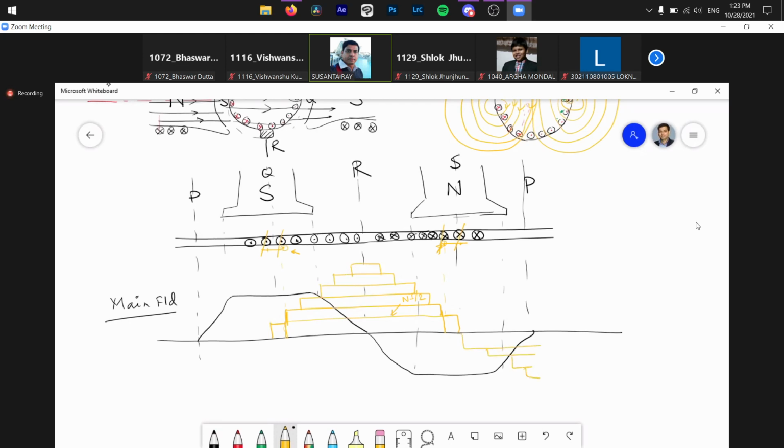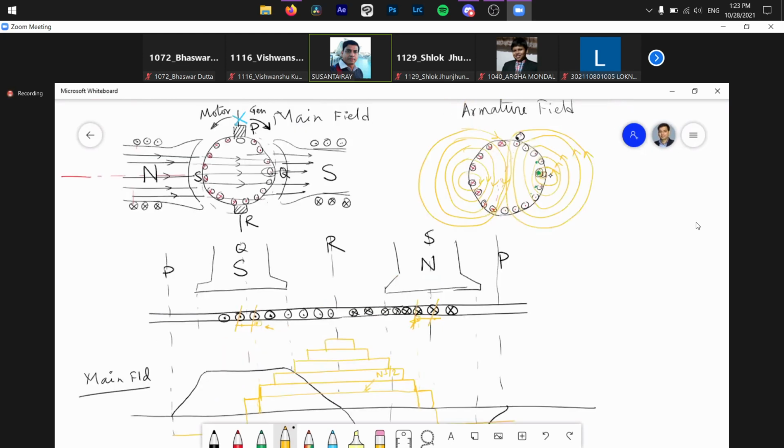The staircase will be like this. Got it? Do you understand this? The MMF that we can generate by this distributed winding that we have placed in the armature will be like this. In this figure also, in the earlier circular figure also, you can understand that.